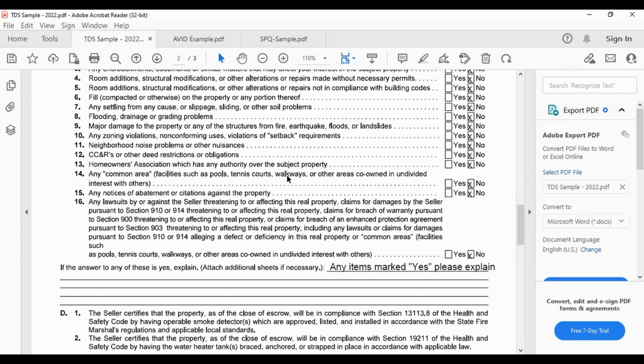When I have a buyer or a seller, I do a Zoom consultation, and I go over these documents, especially with the buyer, on what this means, what it's all about, all these disclosures, but in particular the TDS, this one, the SPQ, which we're going to talk about in a minute, and the AVID, the Agent Visual Inspection Disclosure.